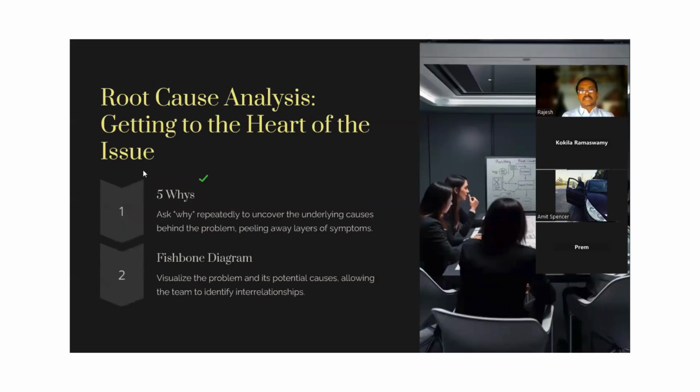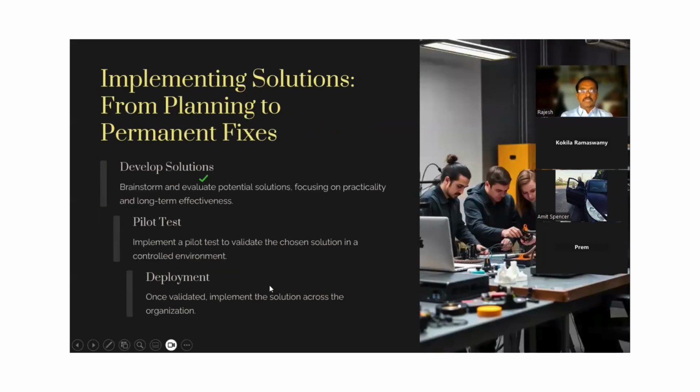And then it will start its root cause analysis. The 5 whys start there, right? See, because whenever a problem is coming in, we should know what is the depth of the problem. So we are going to analyze in this way. And then we will use the fishbone diagram, and we are planning a permanent fix. This is very important in this particular aspect. How are we going to fix this permanently? We have a lot of techniques on it.